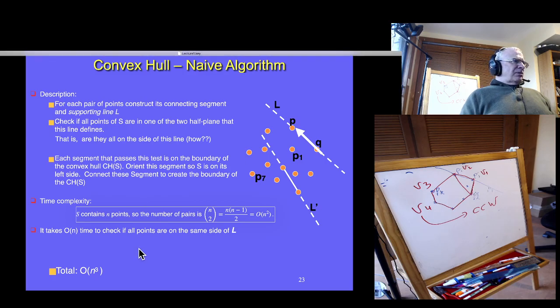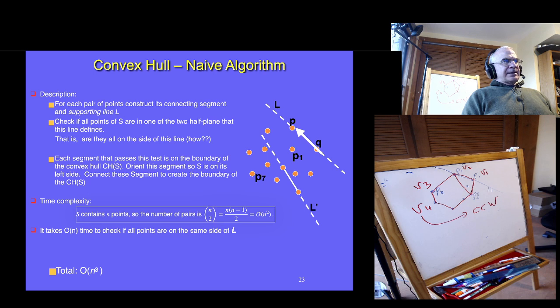It still takes order n cube, by the way. N cube, why? Because there are n square many pairs of points, n choose 2 to be precise, and for each of them I need to spend linear time to check each and every point. But in n cube time, I can figure out what the convex hull is.